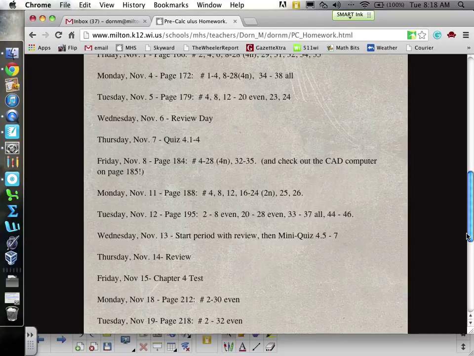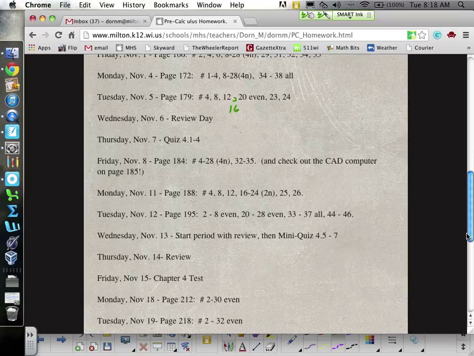Actually, I'm going to make your life a little easier. 12, 16, 20. So instead of all evens, just every other multiple of 4. 4 through 20 multiples of 4, and then 23 and 24. So I cut a couple of them out there so it doesn't get too repetitive. All right? I want you to practice it, but I don't want to pound it into the ground with you.